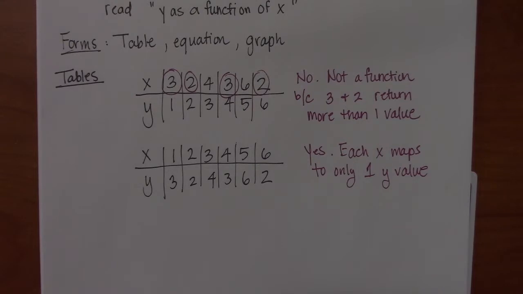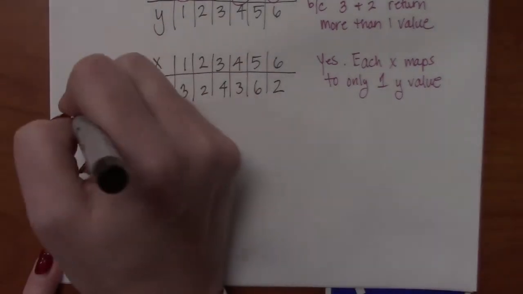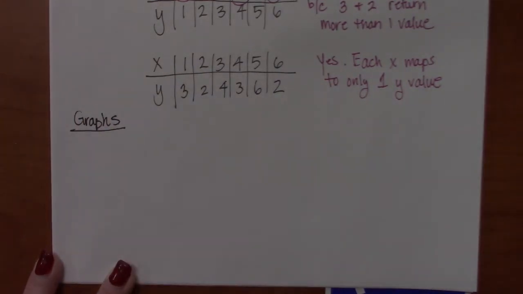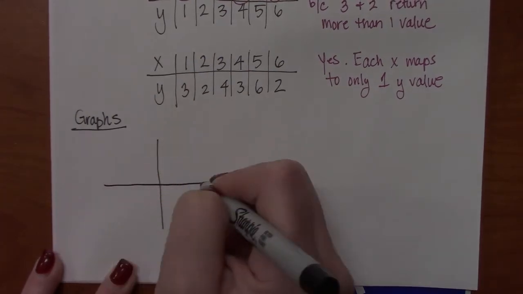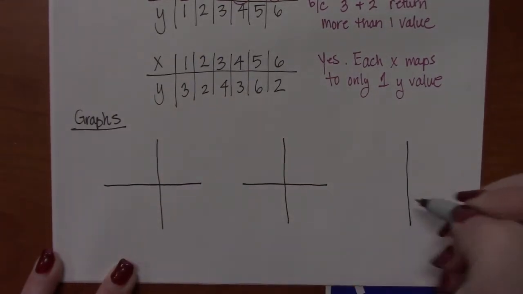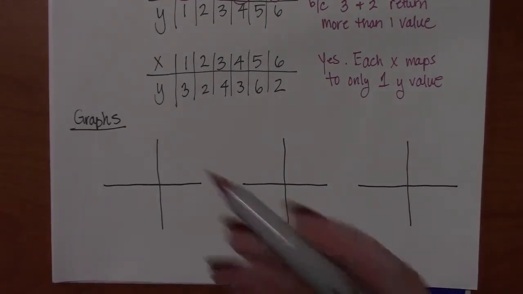So the other way we can look at things is to look at a graph, right? We kind of took a sneak peek of this the other day, and we can very easily test this definition. So what we're going to do is draw 3 graphs and see if these are functions.